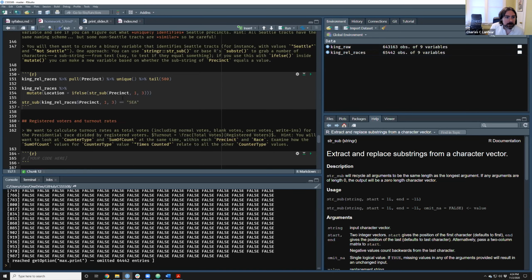Okay, so I'm going to take this thing I just wrote and put it in here. Now if we remember how if-else works, it works by saying, if this statement is true, the next thing is going to be returned as the value of if-else. If it is false, the third thing will be returned.